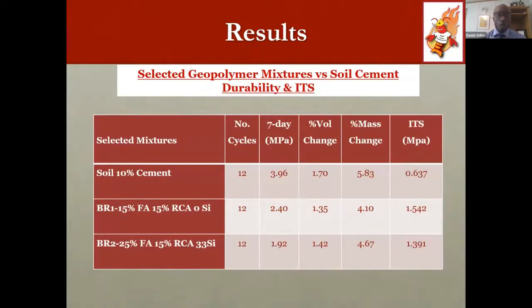Also, we conducted durability tests and ITS for these samples, and we found that the geopolymer mixtures actually have a very considerable durability compared to the soil cement. And looking at the high strains as well, we found that the high strains for the geopolymers are higher than that of the soil cement.